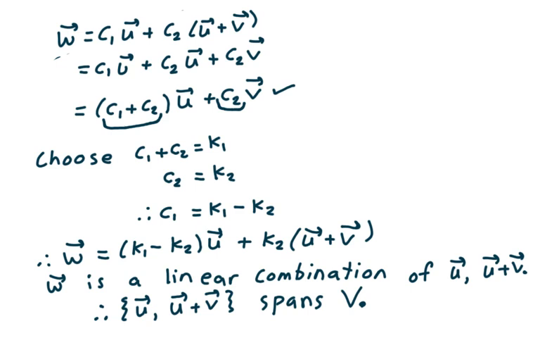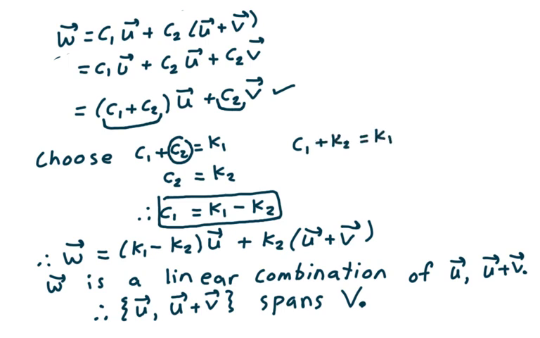But if I replace c2 with k2, we get c1 is k1 minus k2, right? Because notice I take c1 plus k2, that's equal to k1. So c1 is k1 minus k2.